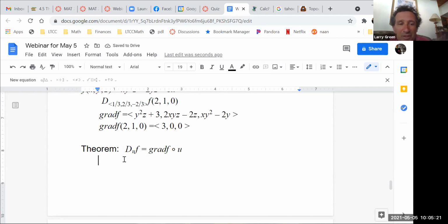And that is an absolutely beautiful theorem, because now it's really easy to find the directional derivative once we've found the gradient. I bet you can all do it in your head. What is the directional derivative in the direction of 1/3, 2/3, negative 2/3 of f at 2, 1, 0, given that I've just found the gradient to be 3, 0, 0? Okay, it's a dot product. Dot products are numbers, not vectors, so be careful.